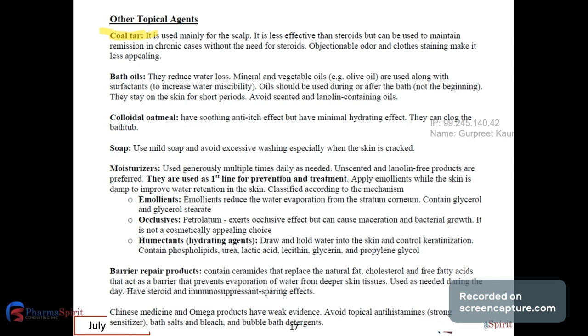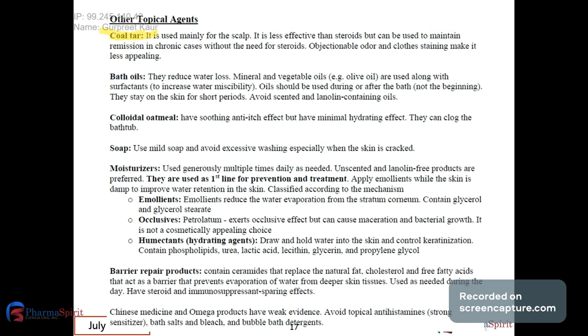It is less effective than steroids, but it can be used to maintain remission in chronic cases without the need for steroids. So we may induce remission with steroids, but we can go to maintenance therapy with the coal tar. The problem with coal tar, and we'll discuss this also in other topics, is that it has a bad odor and it stains the clothes, making it less appealing to patients.